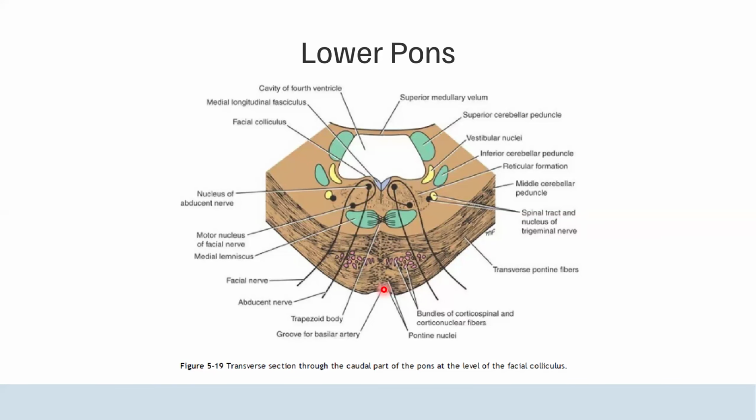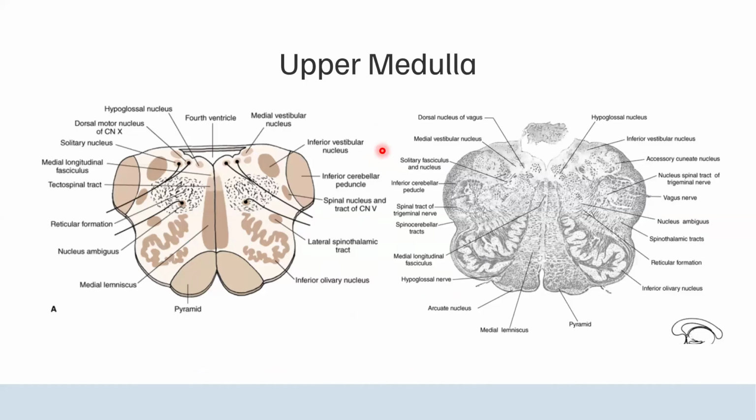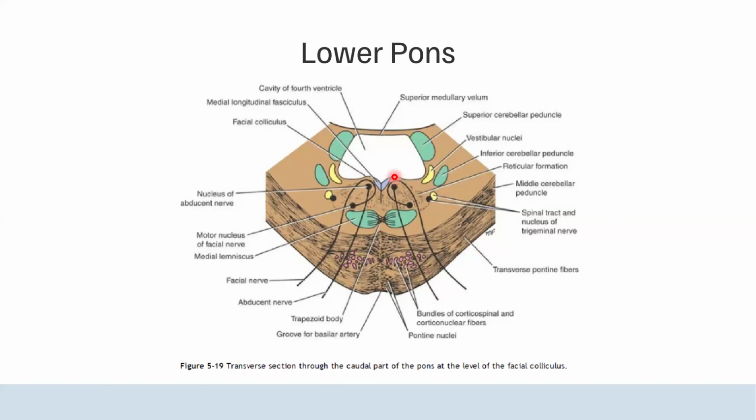We also have the fourth ventricle, and you can see that it is much larger than what we had within our medulla. Secondly, you're going to have these bodies here now, instead of the actual pyramids, which are responsible for our corticospinal tract. These are the bundles that are traveling through.